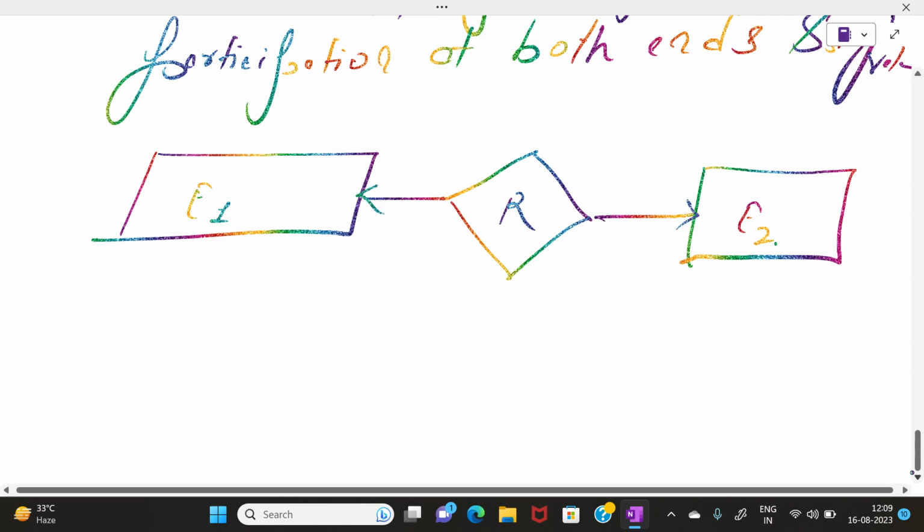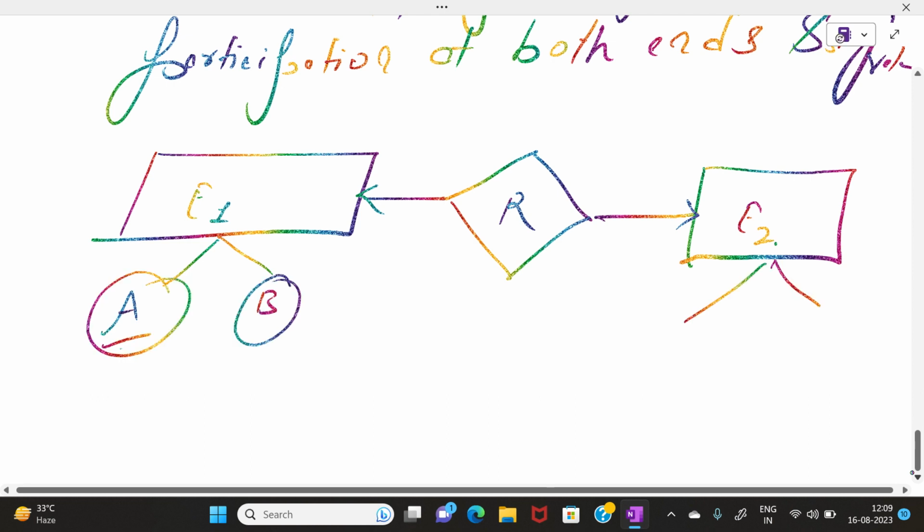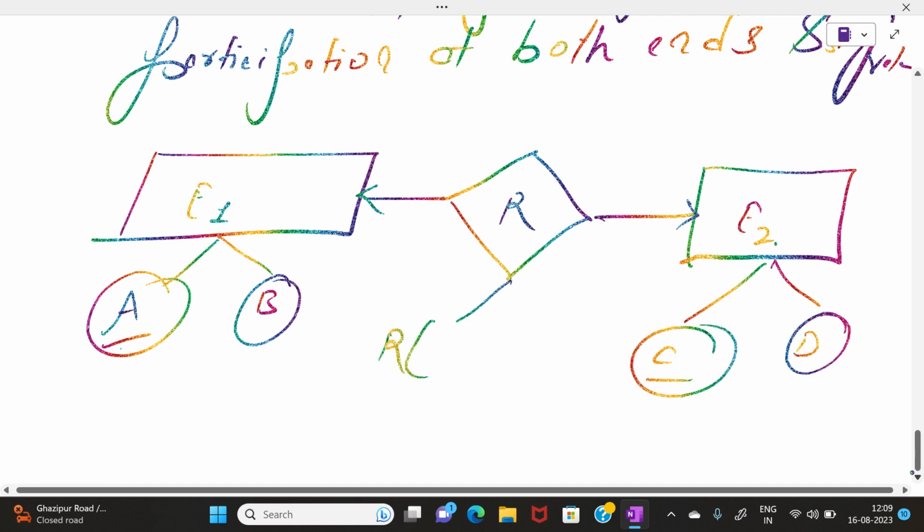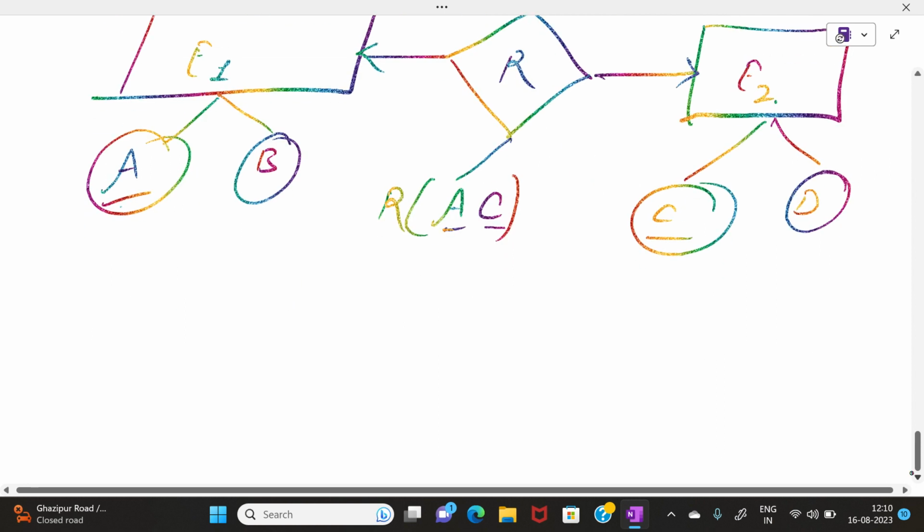Let's say it has attribute A and attribute B. A is the candidate key for this entity, C is the candidate key for the other, and B is another attribute. And for this, we have the relationship set R with A and C as the candidate key of relationship set R. Now let's see how we can combine these into the minimum RDBMS tables.